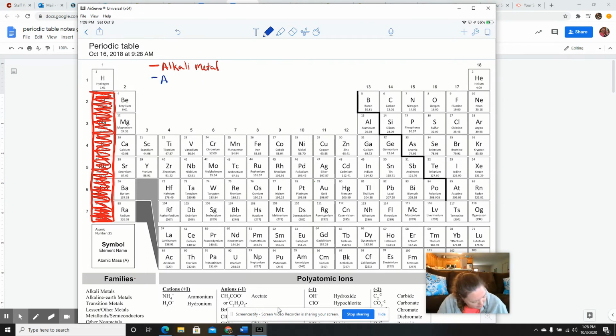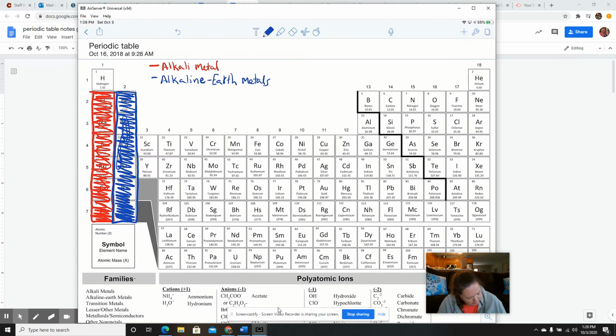Then column number 2 is the alkaline earth metals. And this is column number 1 or number 2.